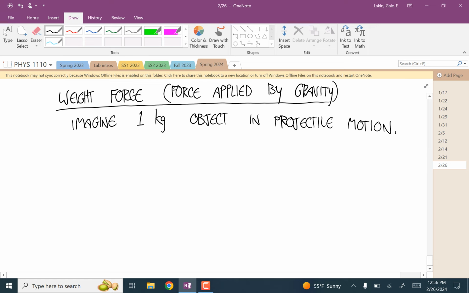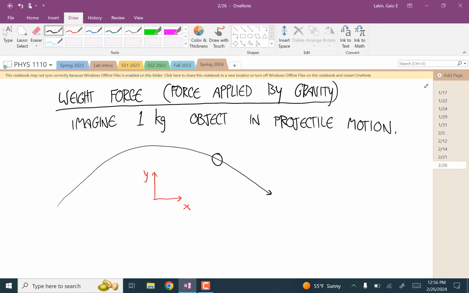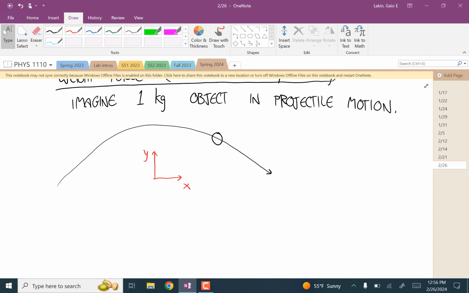So let's say this thing is flying through the air like this. And we'll use a coordinate system with the y-axis pointing up. What do we know about the acceleration of that object while it's in projectile motion?